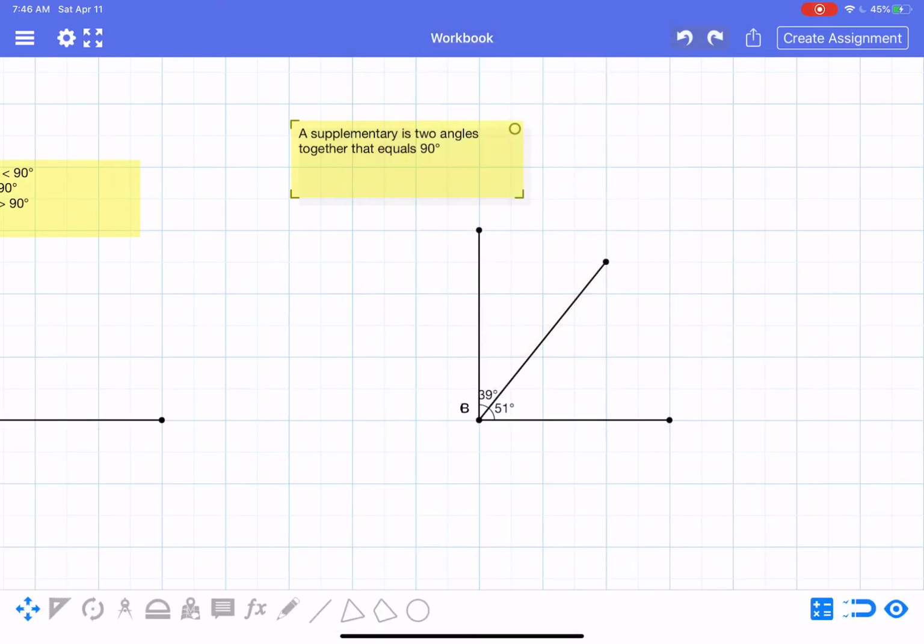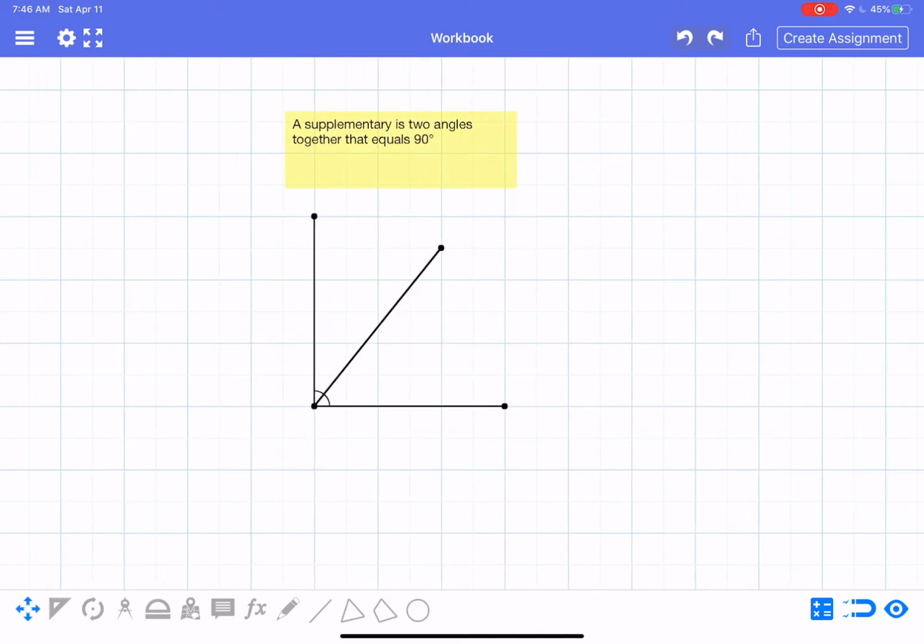And done. Okay, and it's going to move it here. I'll lock it into place. Okay, so two angles that come together at equal 90 degrees are supplementary. Okay, so we're going to move on.